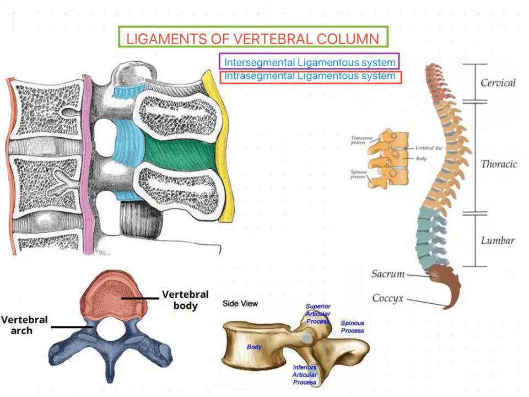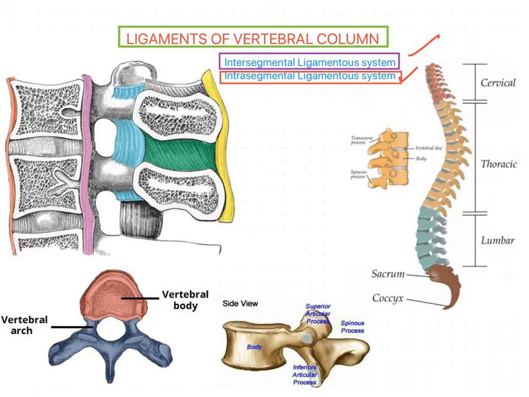This ligamentous system of the vertebral column is extensive and consists of two parts: the intersegmental system and the intrasegmental system. Intra means within, and segmental means within the segment.